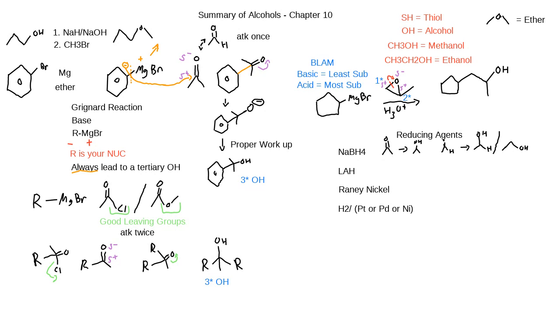LAH can reduce a lot of things. Okay, so it will reduce, and I'll just type these out. So it can do ketones, it can do aldehydes. So those are the same thing as for NaBH4. It can also do esters and carboxylic acids.